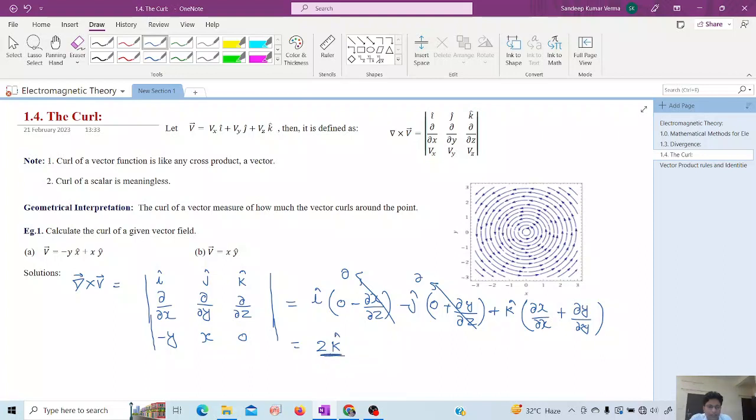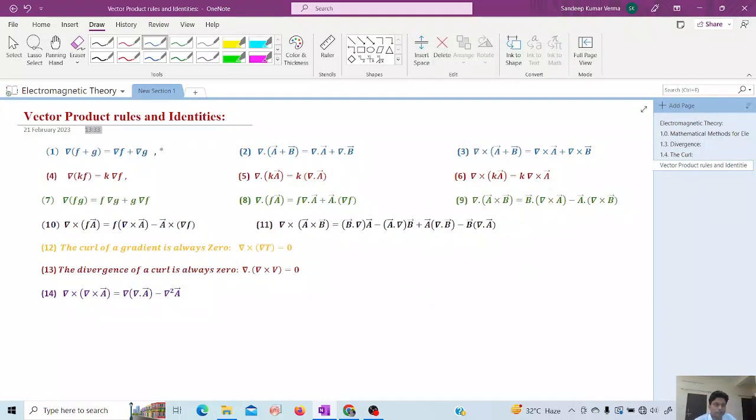We can see this is a vector quantity, so curl of any vector is also a vector quantity. Similarly you can solve part b also. So this is all about the curl, and now we are going to discuss vector products and identities.